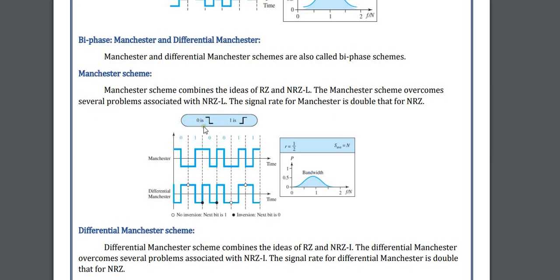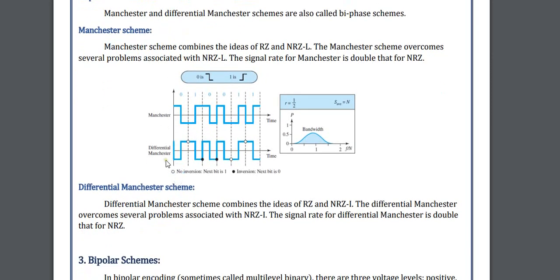In this diagram we can see that if the edge is falling, then we can denote it as 0, and if the edge is rising, then we can denote it as 1. So from this to this point we can say that it's 0, and from it is rising to the high section, so this is denoted as 1. This is known as Manchester scheme.